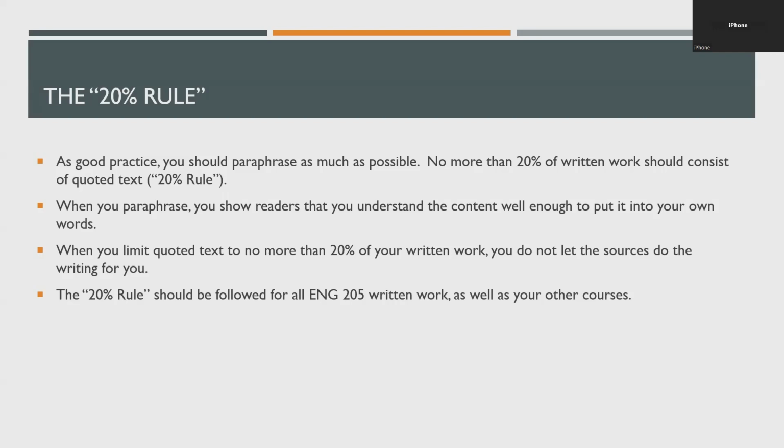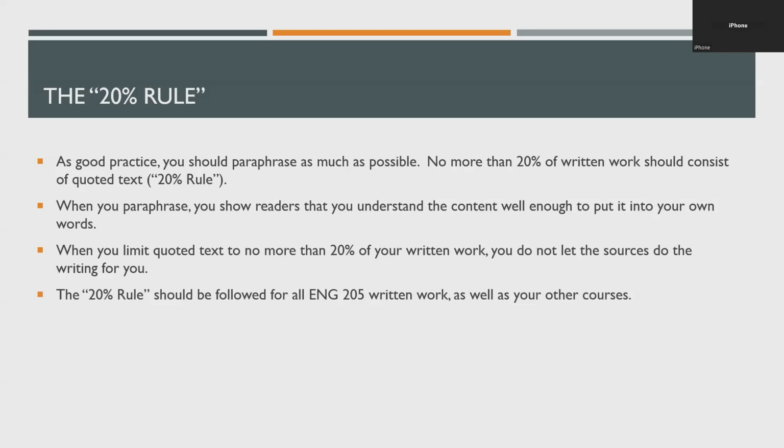I always look at my students' Turnitin reports, and I can see how much of a student's paper has been quoted. That's not always an exact measurement. I don't think Turnitin tells us the exact percentage of what is quoted versus what is paraphrased. But what Turnitin does show me is what percentage of your text matches other texts.